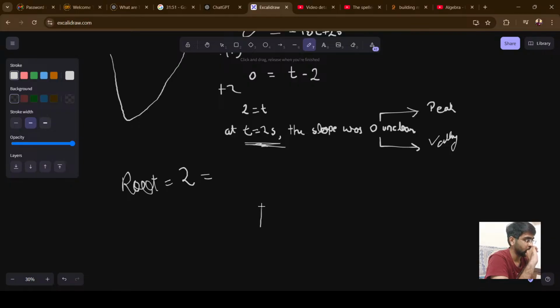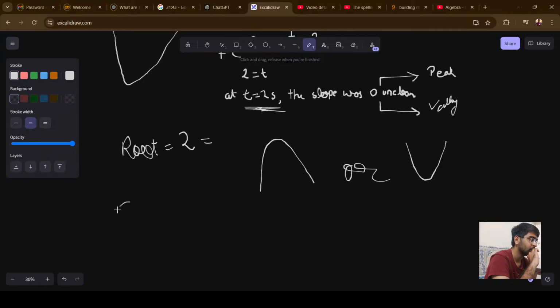Means one peak or one valley will have one root, one flat point where the slope is 0.